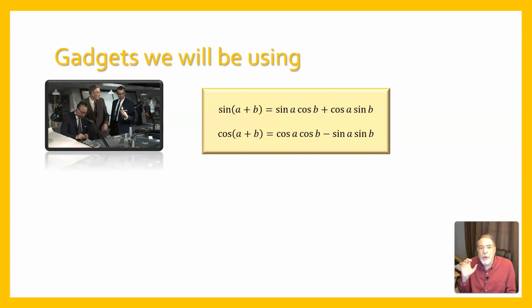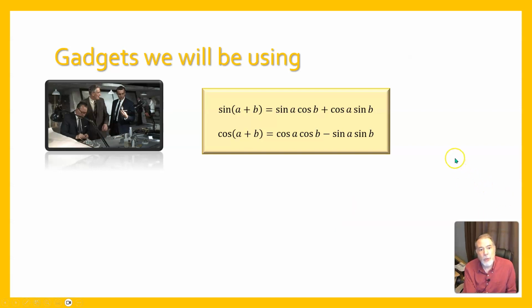And even if you don't remember exactly what the identities are that you're seeing on screen right now, hopefully you remember that they exist and that the sine of a plus b is not just equal to the sine of a plus the sine of b. And the cosine of a plus b is not just the cosine of a plus the cosine of b. Sine and cosine do not just distribute over addition, but there is this somewhat more complicated identity that says what sine or cosine of a sum is equal to. So that's a gadget that we can use in our proof.